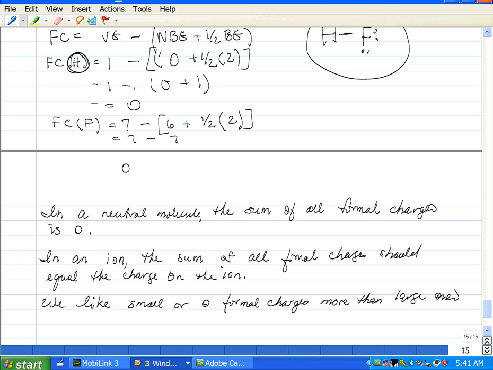We like small or zero formal charges more than large ones.